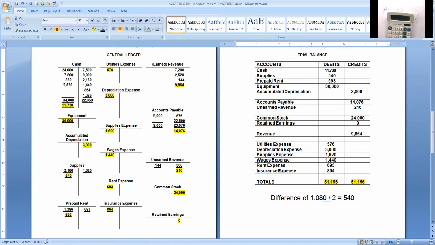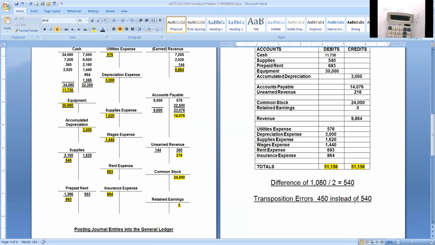Transposition errors are another one. So if you entered 450 instead of 540, if you subtract them, the error here would be 540 minus 450 equals 90.